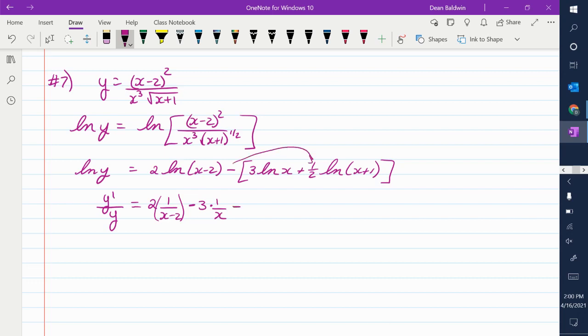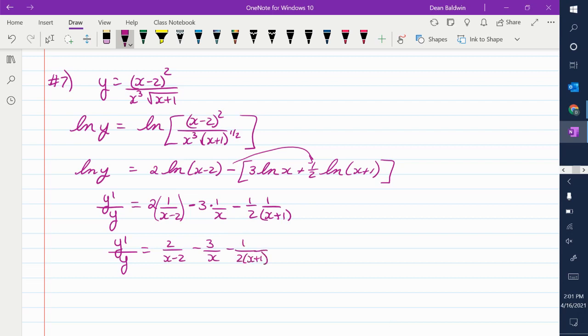Minus, because that negative goes there. What's the derivative of natural log x plus 1? 1 over x plus 1. Okay, so then I get 2 over x minus 2, 3 over x, minus 1 over 2 times x plus 1.